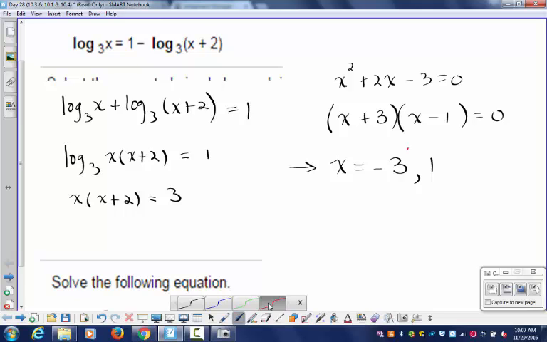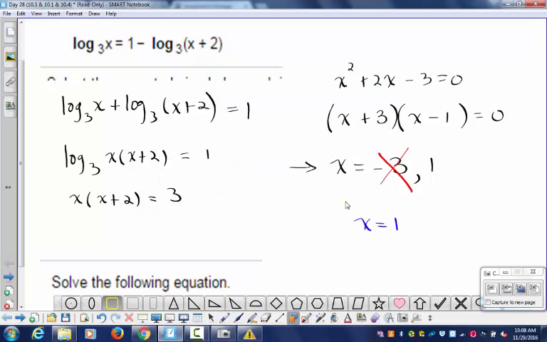Not okay, right? But if we plug in 1, it's okay. So we just have to check and make sure that if that number causes the inside of the log to be 0 or negative, then it's out. So our only solution here is x is equal to 1. That's our only one.